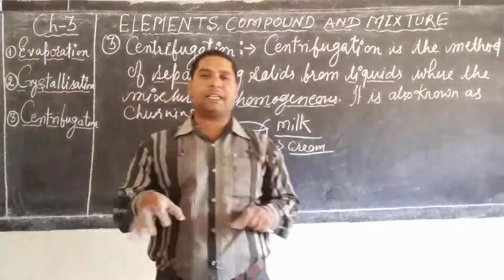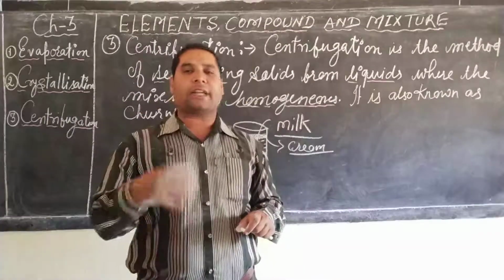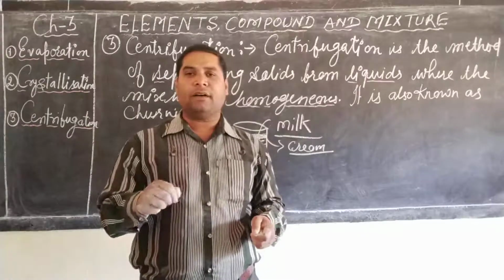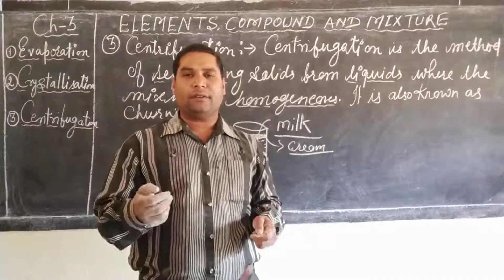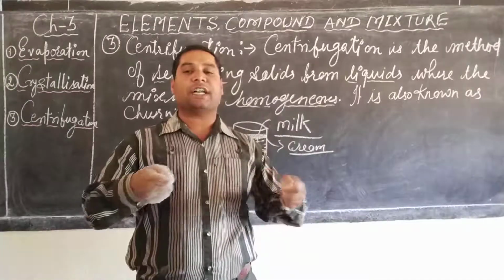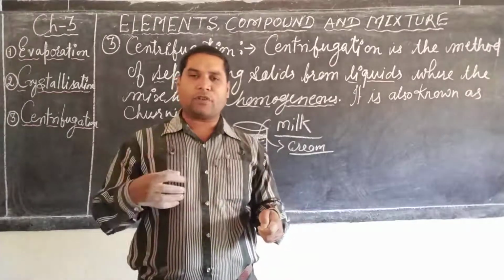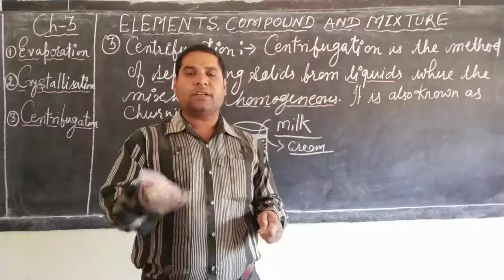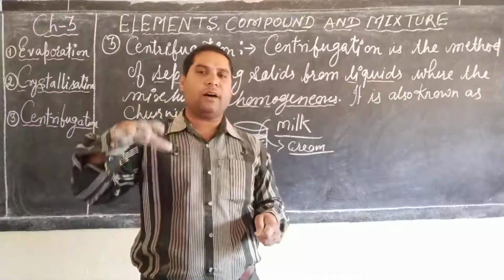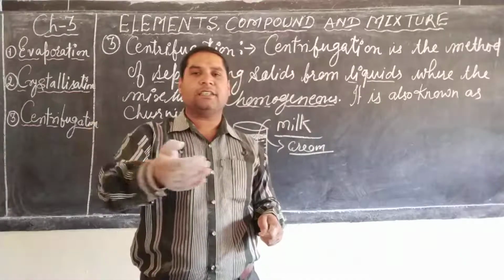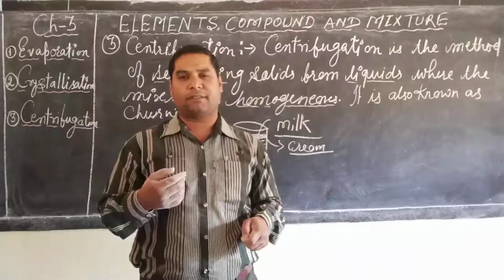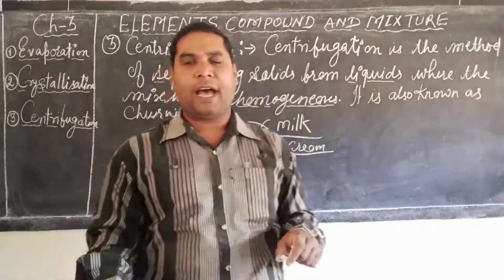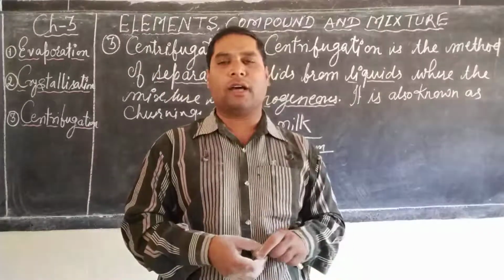Also, you may have seen at home your mother or grandmother separate cream from milk or curd by the churning process. By the churning process, the solid present in the solution comes to the surface of the liquid, and it is easily separated. So dear student, please read the topic and try to learn about the process.